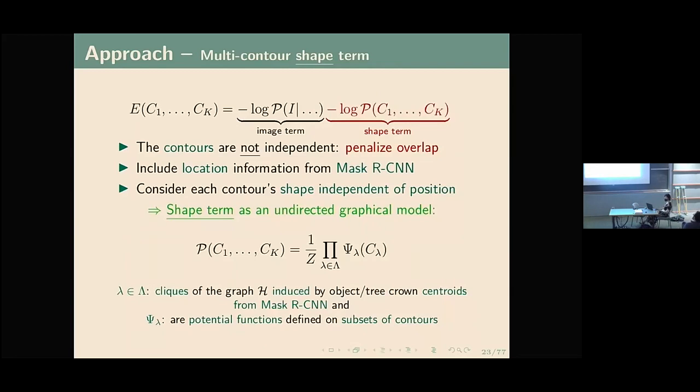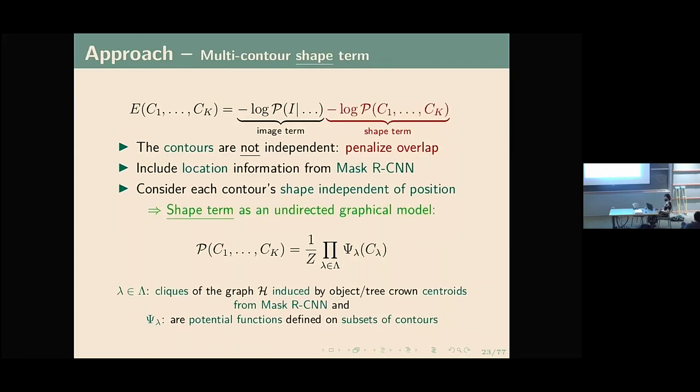Also, we want to include our prior knowledge about probable locations of tree crowns obtained from the Mask RCNN. That gave us a good idea of where there are probably tree crowns. And we keep the position-independent part of the prior, which models exclusively shape. So we have two forms of prior information. To construct a model which meets all three requirements, we define an undirected graphical model on the joint distribution of all the contours.